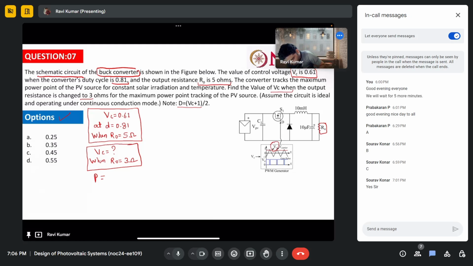Power equals V square by R. Use this particular relation. And it is saying it is a buck converter. So the output voltage in terms of D, its relation with V input.